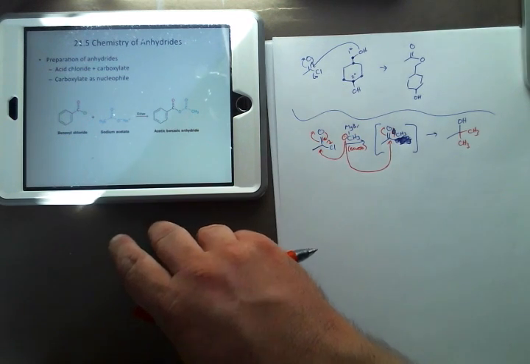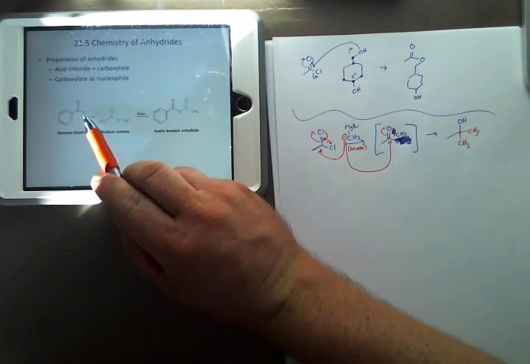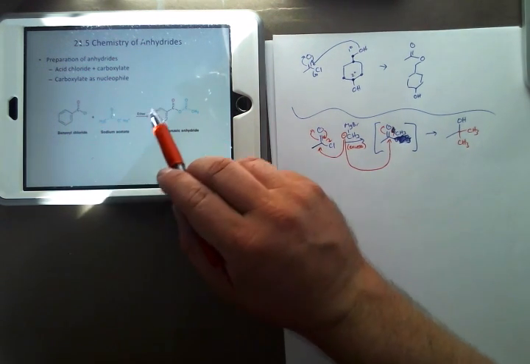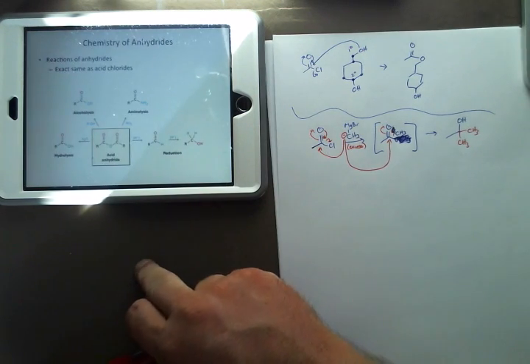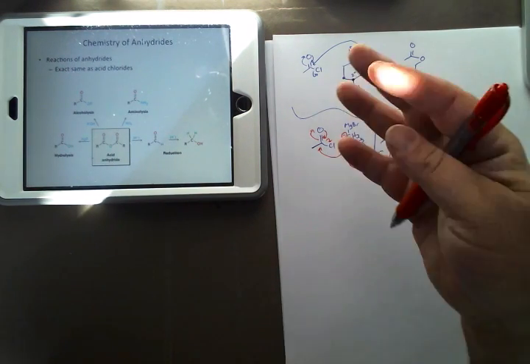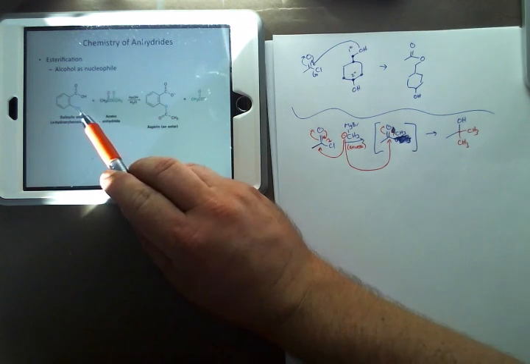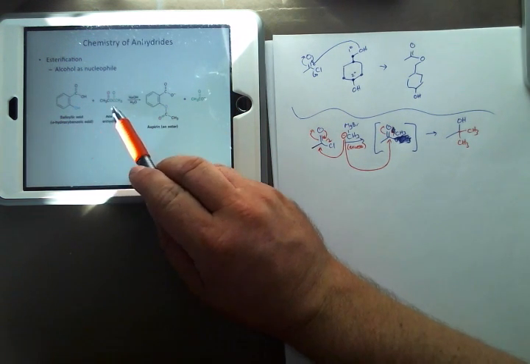Stuff like that. So, preparation of anhydrides: the easiest way to do it is to use acid chlorides. You're going to get attack, up, down, kick away, some sort of carboxylate, and so you end up with the anhydride. Not too bad. But again, the reactions work exactly the same way. If you want to add an alcohol, like this phenol, it attacks here.